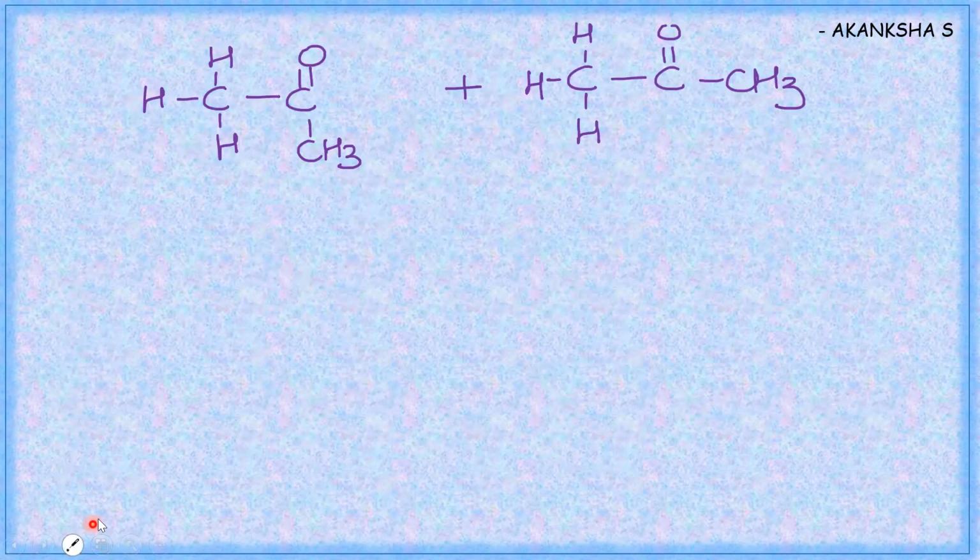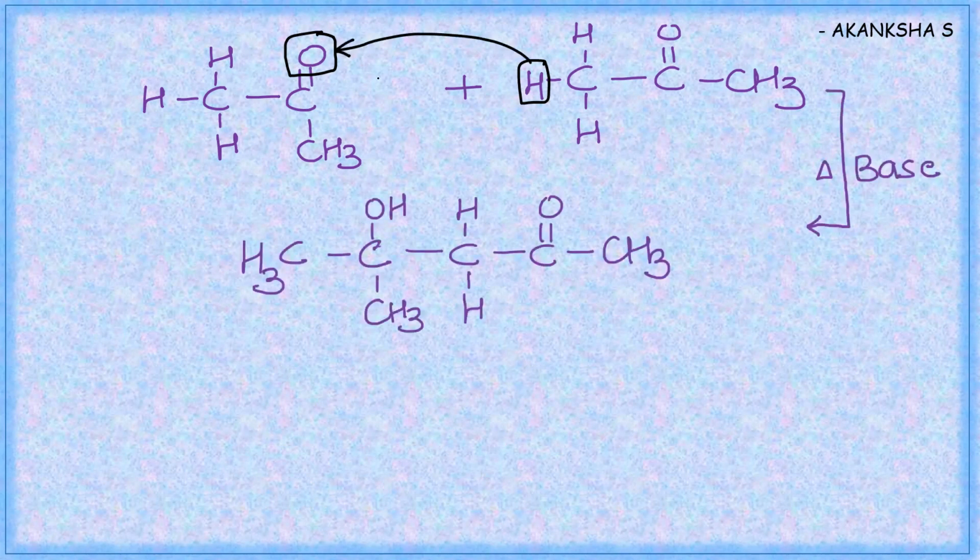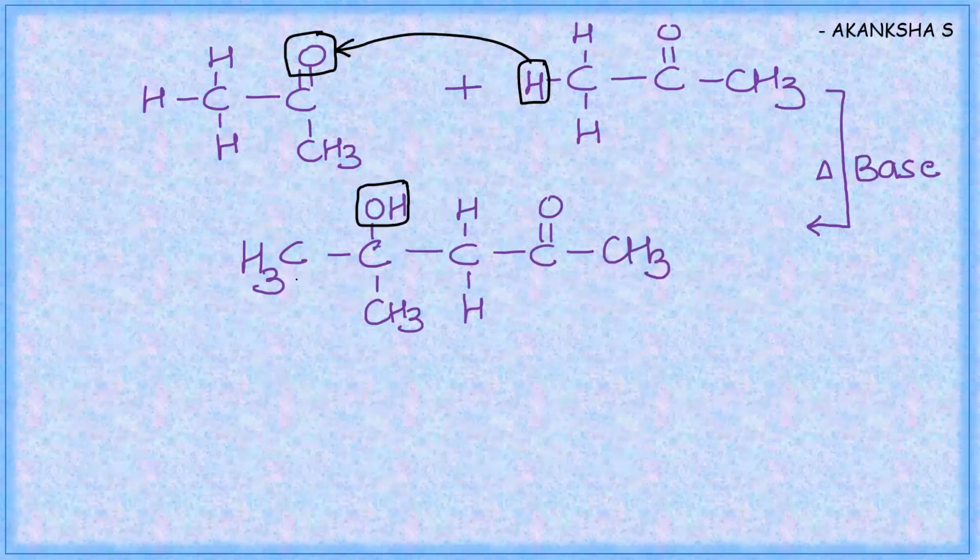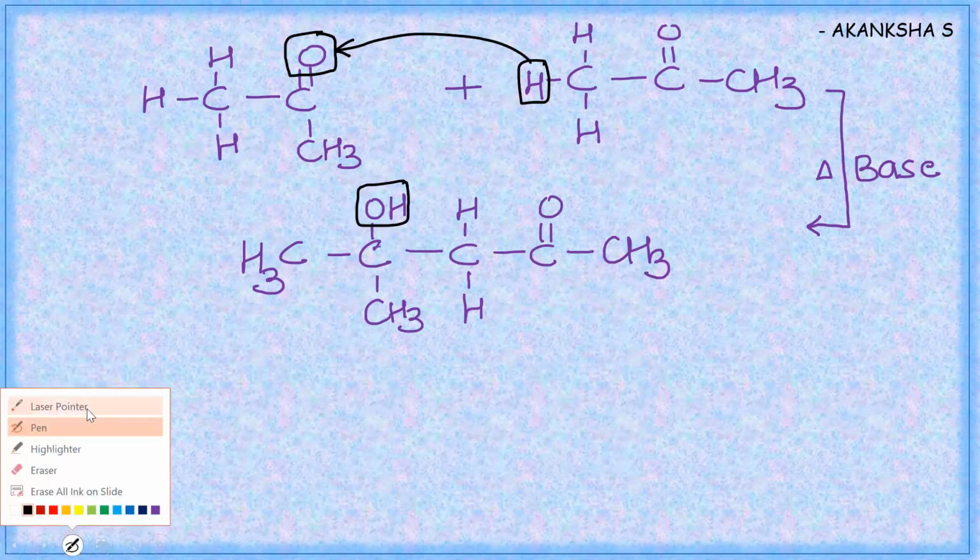So see, what is going to happen? Step number 1, partially negative oxygen and partially positive hydrogen get attracted. When it gets attracted, you can take any base of your choice as a medium. You can find that a hydroxy group gets created. What happens when the hydroxy group gets created?